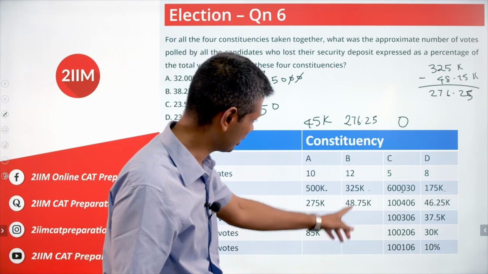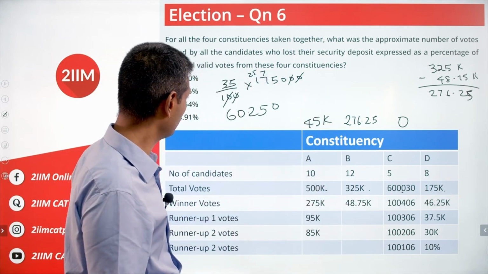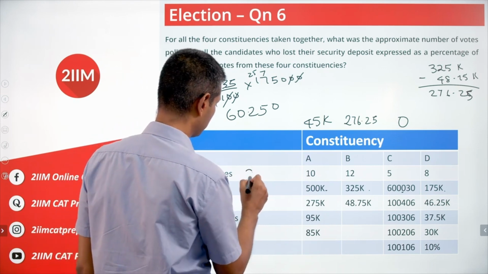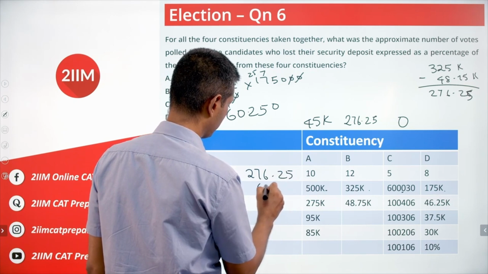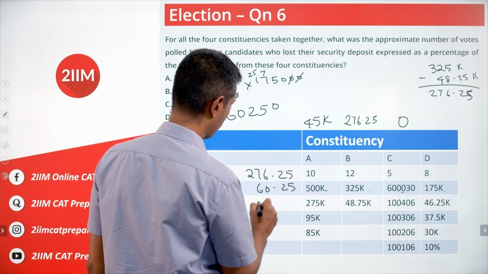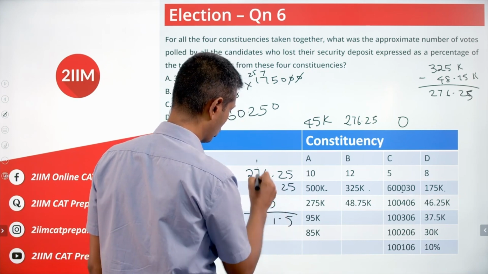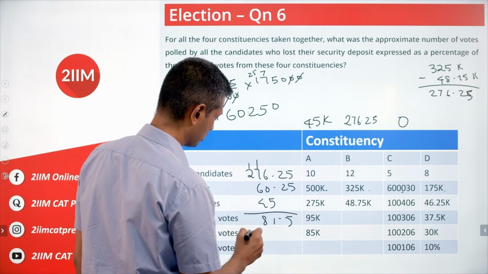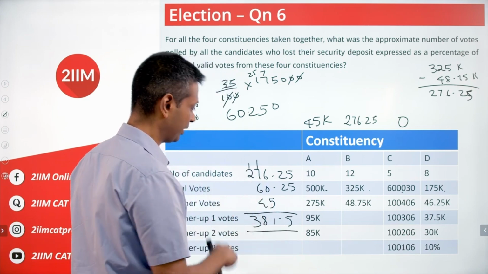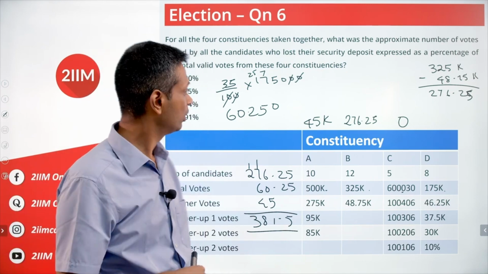This is the largest number, 276.25, and then 60.25, 45. I'm going to add these three numbers: 276.25, 60.25, 45. That gives 381.5. That is the total number of votes polled by guys who lost their deposit.